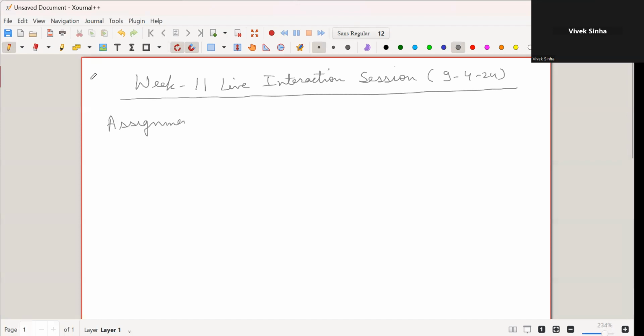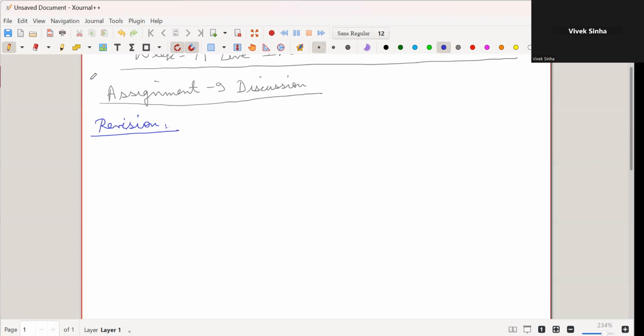So, assignment 9 discussion. Before that, I will quickly revise what has been covered in week 9, and then we can proceed with the solutions, because this assignment I particularly find to be very easy, and it won't take much time to complete.